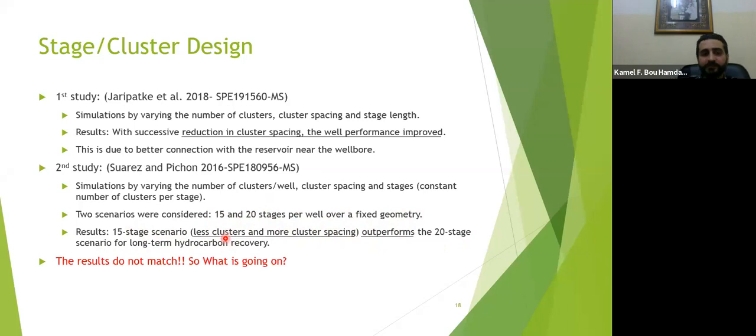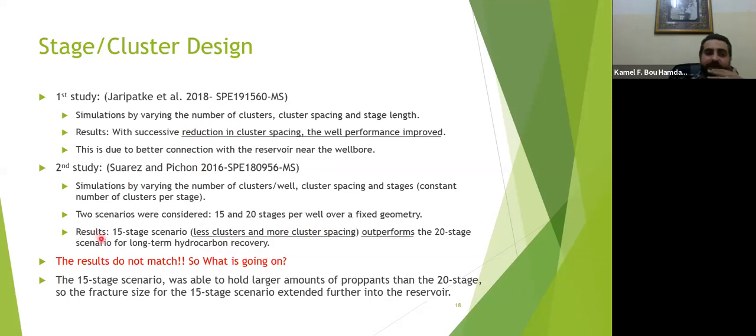If you compare the first study and the second study, they are actually opposite to each other. The first one says that if we reduce the cluster spacing, the performance of the well improves, whereas the second one says if we increase the cluster spacing, we are going to get a better performance of the well, and we are going to produce more hydrocarbons. So what should we do? Should we go with the lower spacing or the larger spacing?